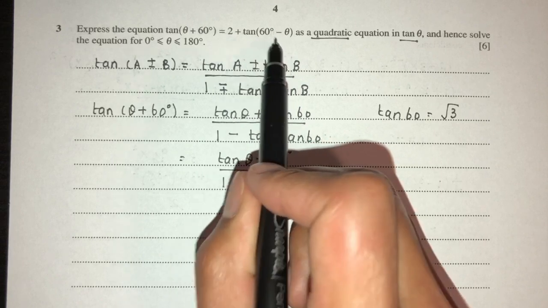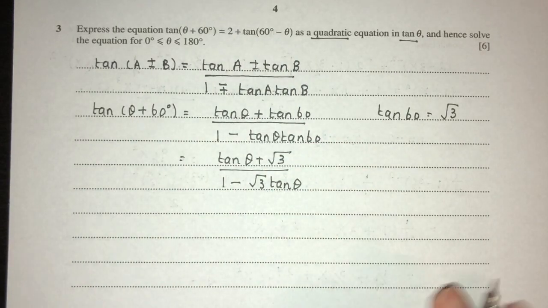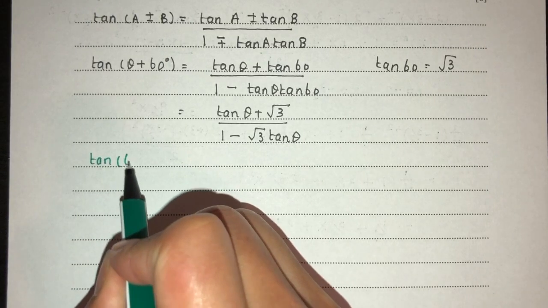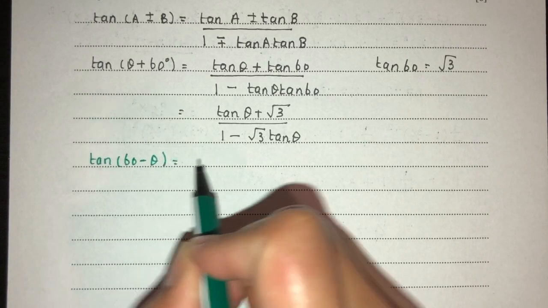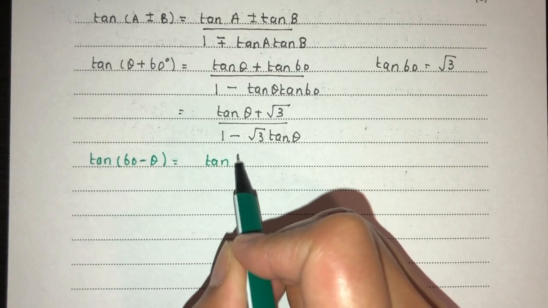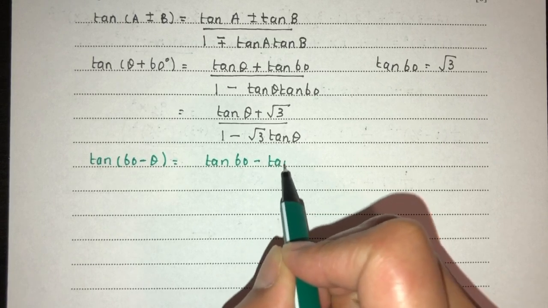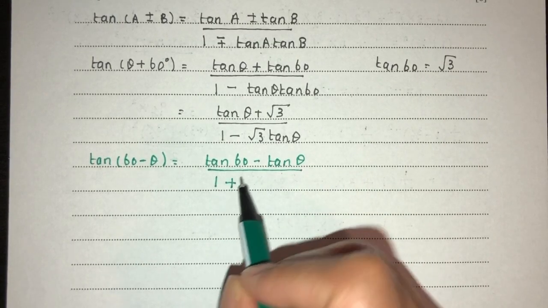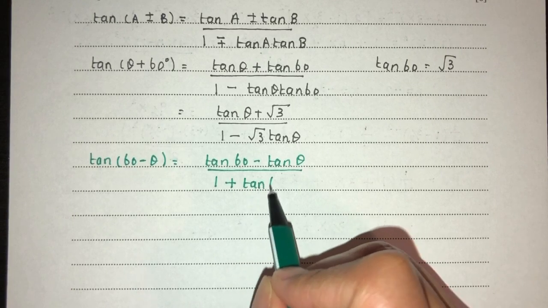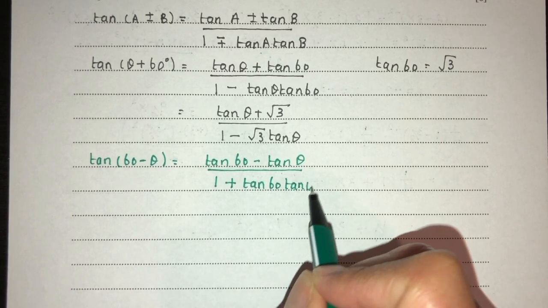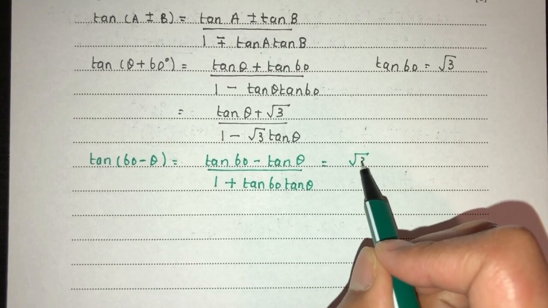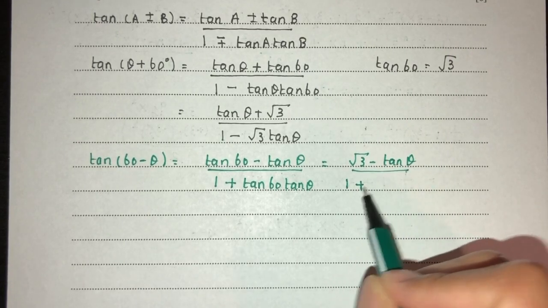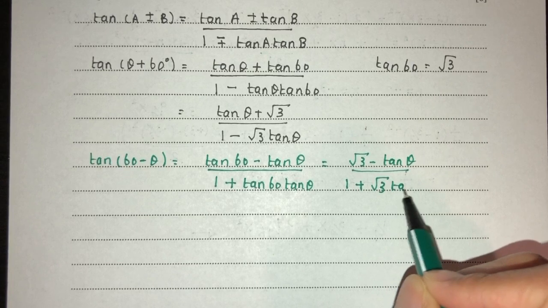Now how about this one? So I'll use a different color for this one. So tan of 60 minus theta. That will be tan of 60 minus tan of theta divided by 1 plus tan of 60 and tan of theta. That should be root 3 minus tan of theta divided by 1 plus root 3 tan of theta.